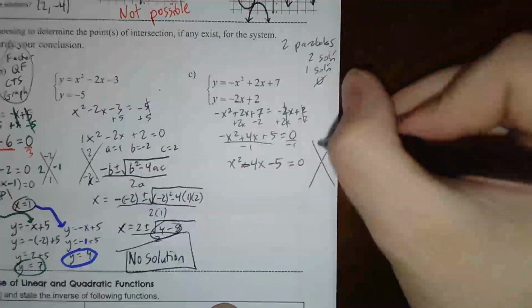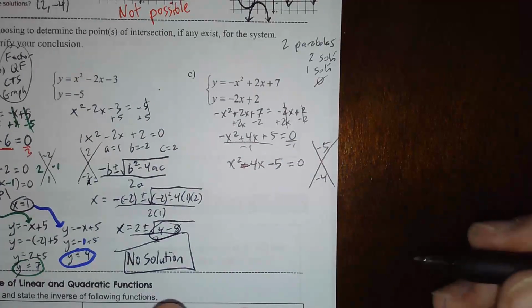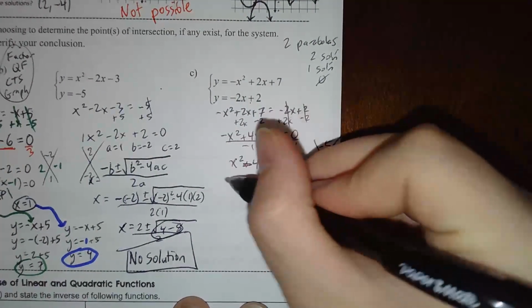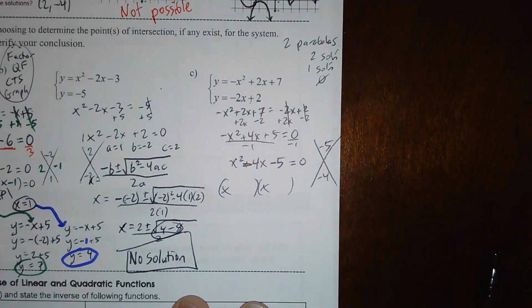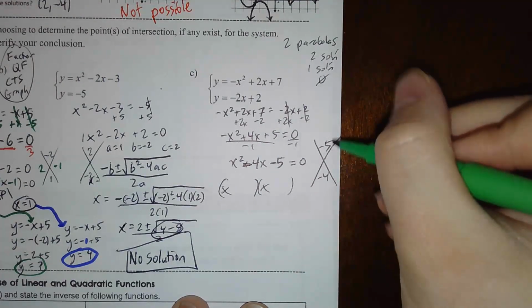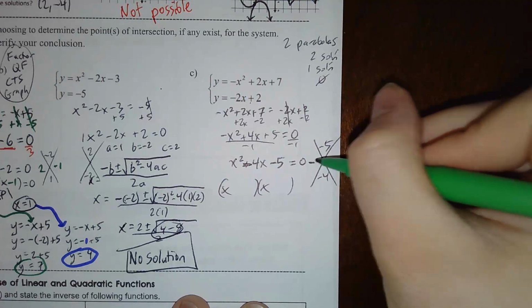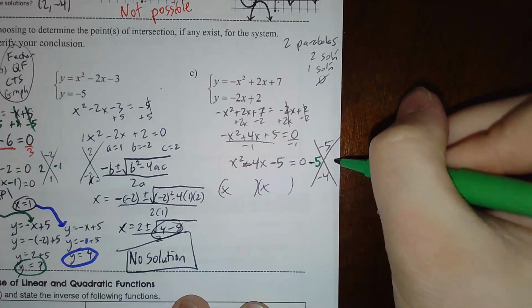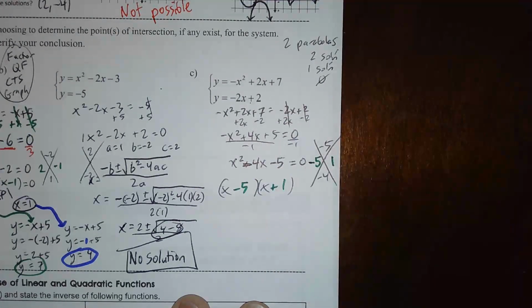Applying the factoring, I will see what multiplies to -5 and adds to -4. The two numbers that multiply to -5 and add to -4 are going to be -5 and 1. So -5 plus 1.